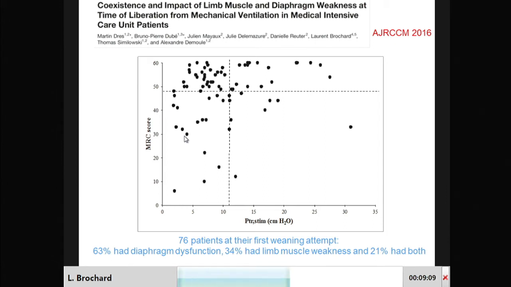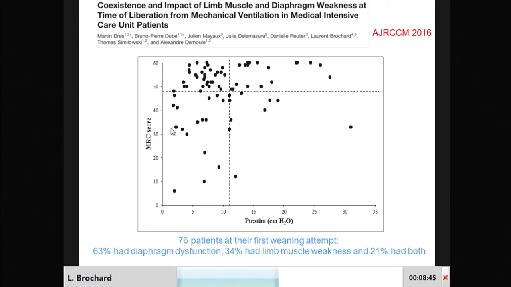The second question he asked was, is it the same disease or syndrome as limb muscle weakness, the classical ICU-acquired neuropathy? And that's why he plotted the twitch pressure versus the MRC score. And he found that, well, there is some overlap here.